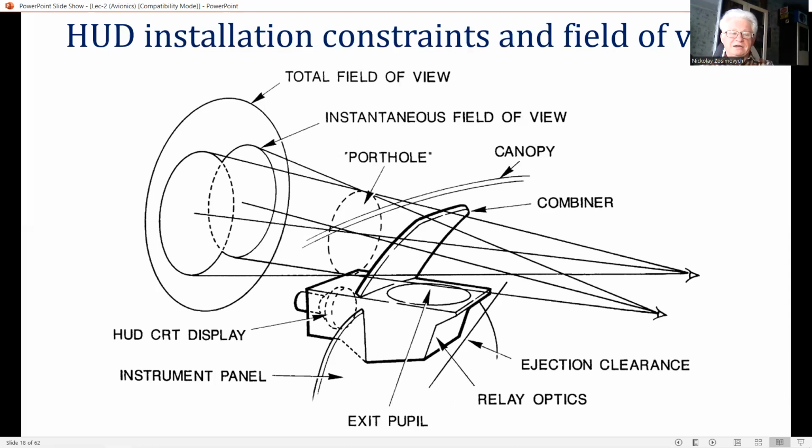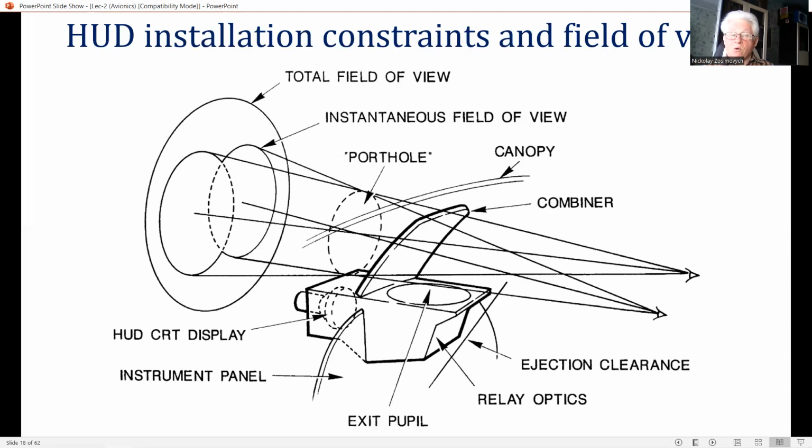The pilot's design eye position for the HUD is determined by pilot comfort and the ability to view the cockpit instruments and head-down displays, and at the same time achieves the maximum outside visibility.